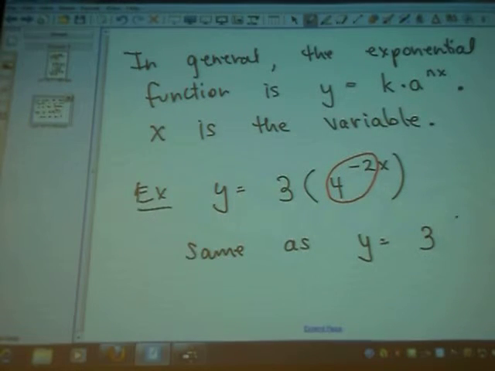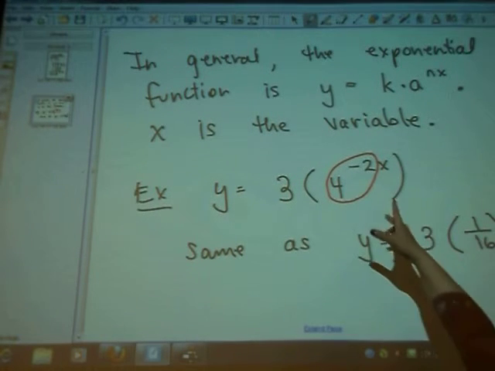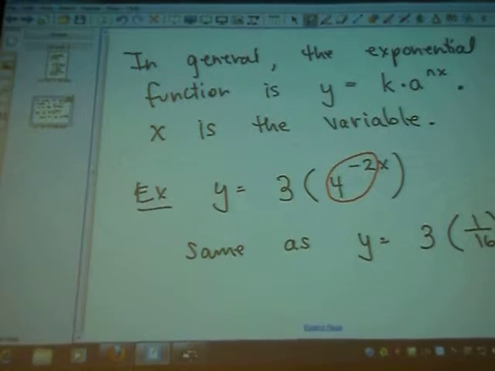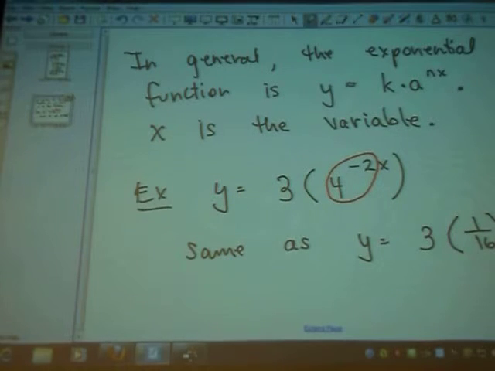So this is the same as 3 times 1/16 to the x power. Okay? So I can go ahead and calculate what that a to the nth power is, and then just raise that to the x power. Now that's not super important that you recognize that, but it can help a little bit just to recognize that those are the same thing.